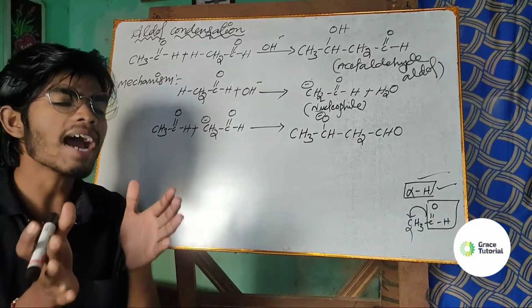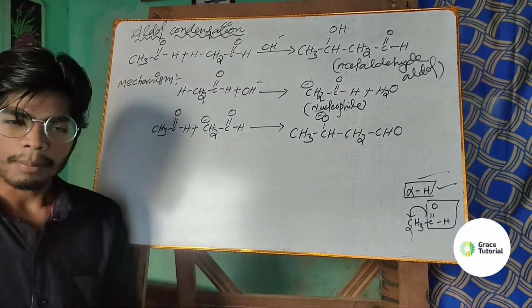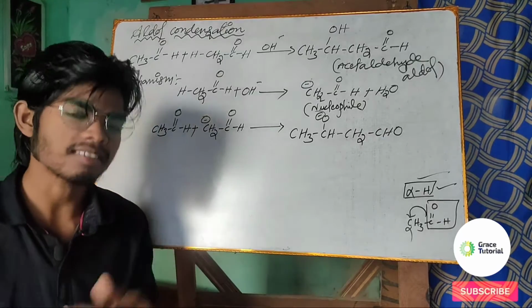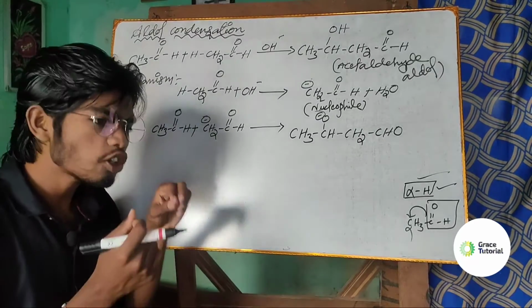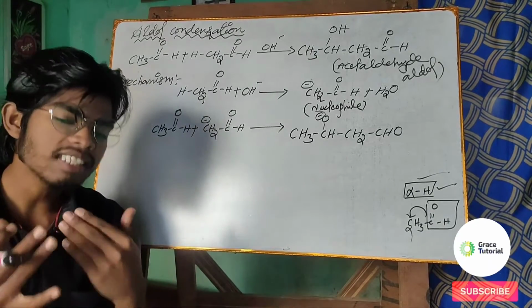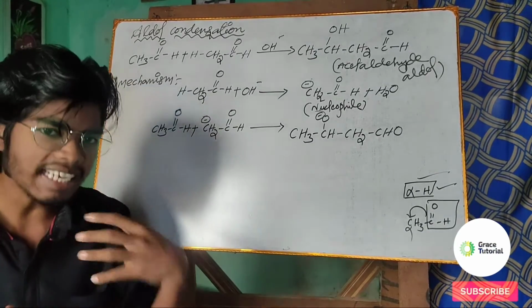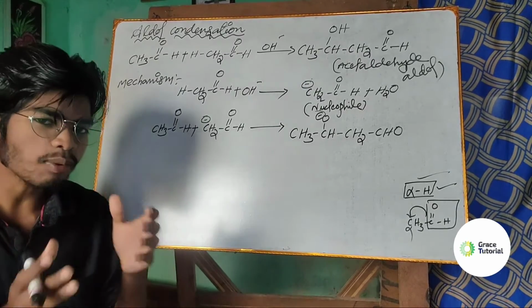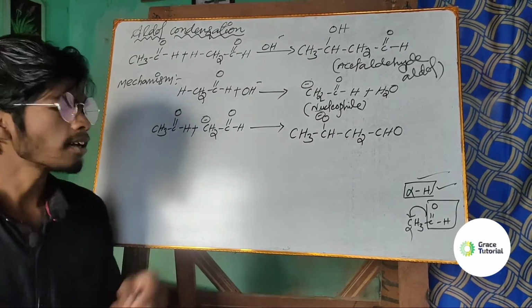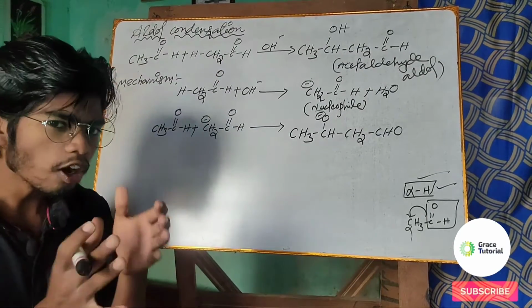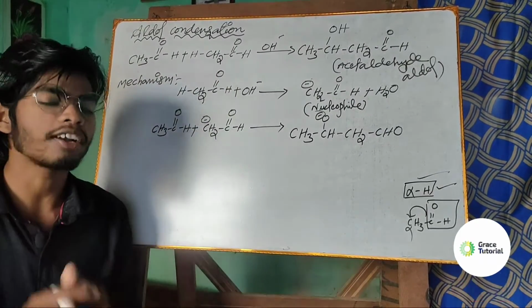At least one alpha hydrogen atom is required, because without the alpha hydrogen atom, aldol condensation does not take place. The product obtained here is either a beta hydroxyaldehyde or a beta hydroxy ketone. Since the product consists of both the aldehyde as well as the alcohol, that's why this reaction is called aldol condensation. I hope you understood what aldol condensation means.